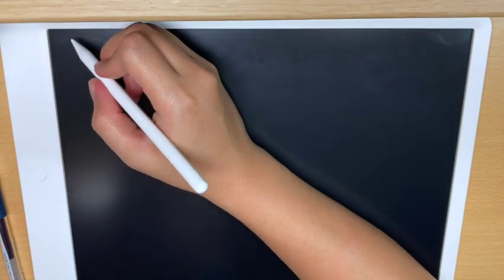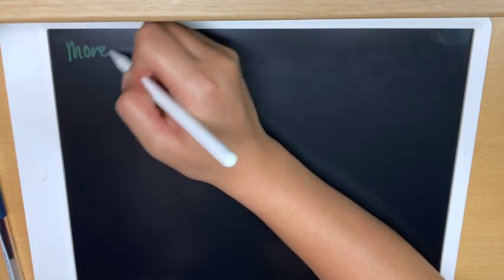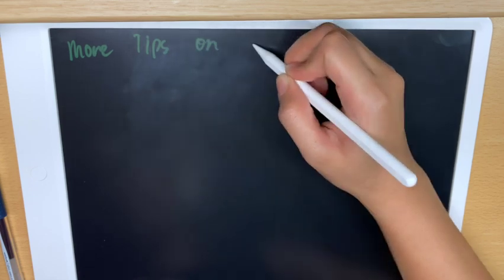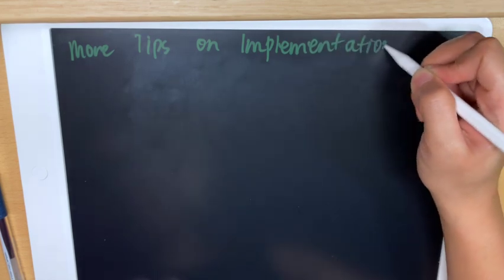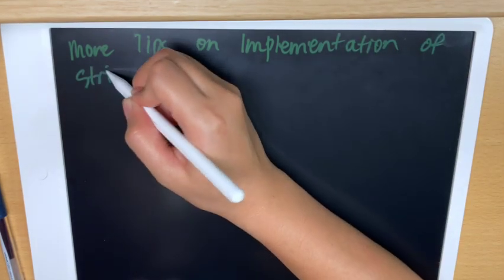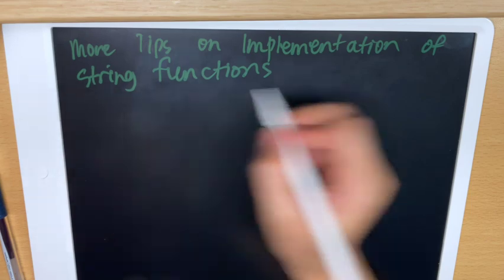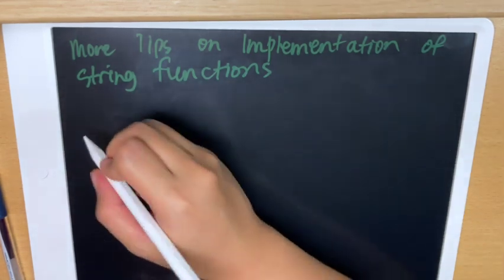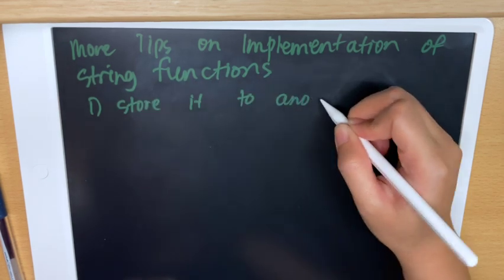Right, so more tips on implementation. While you call the string functions, if you want to call the string functions, you can first store the result in another variable.